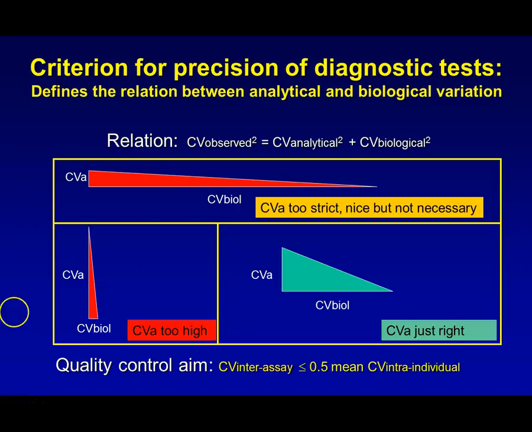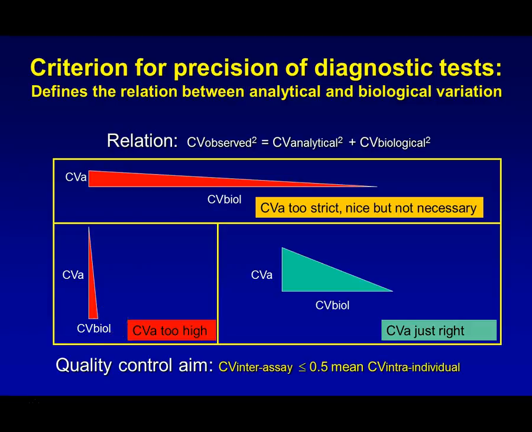If we then apply a test with a high analytical variation, it is very difficult to determine whether a change in value is caused by analytical variation or by a change in physiology or pathophysiology. So that means that an analyte with a small biological or intra-individual variation needs a test with small analytical variation.